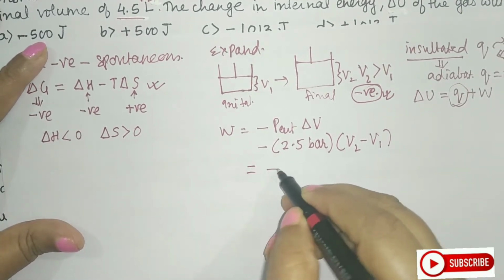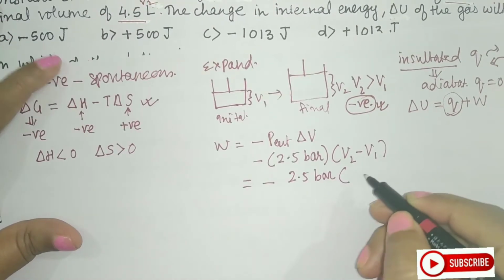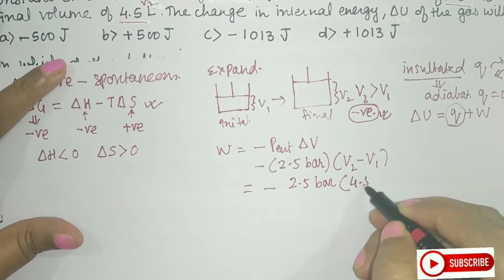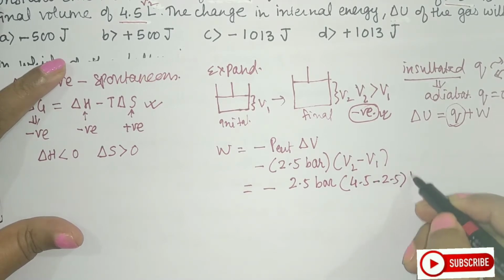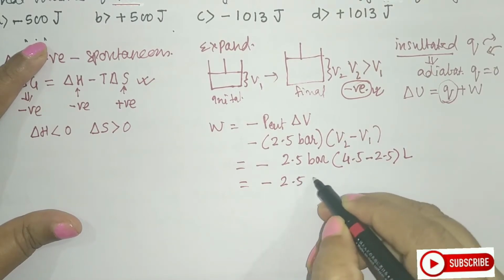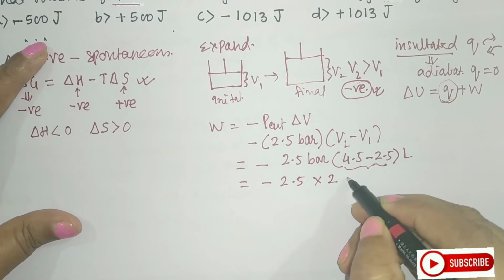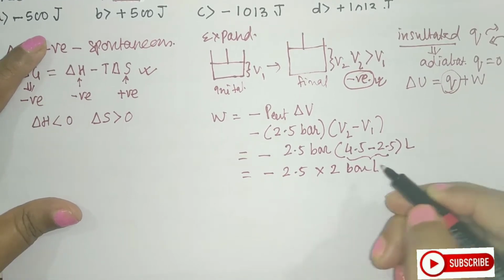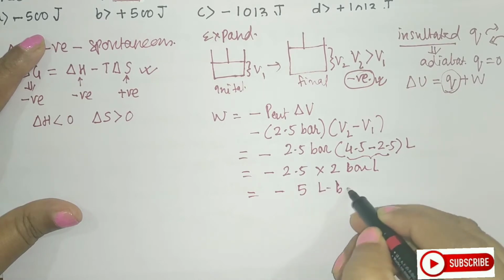So this will be -2.5 bar times (4.5 - 2.5) liter. The difference comes out to 2, so it will be bar liter. So your answer is -5 liter bar.